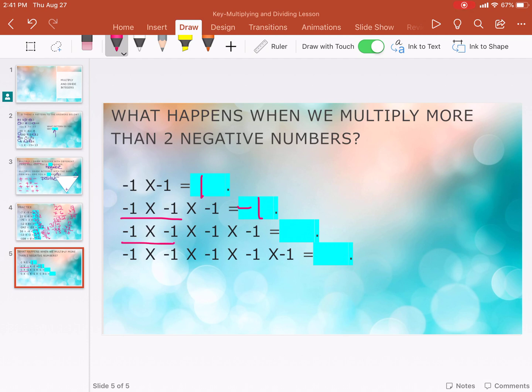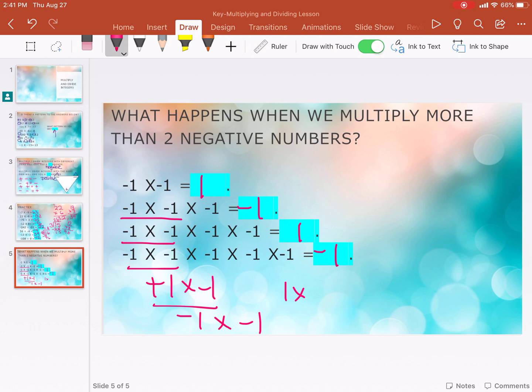A negative and a negative is a positive, times a negative is a negative. A negative times a negative is a positive 1. And then same thing, negative and negative is positive 1, times negative 1, which is negative 1, times negative 1, which is positive 1, times negative 1, which gives you negative 1.